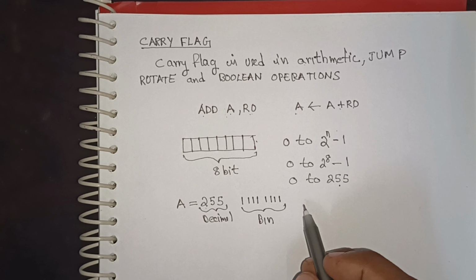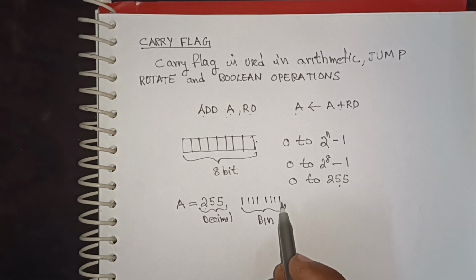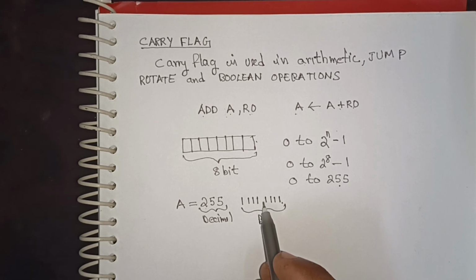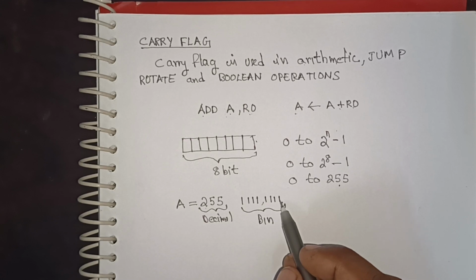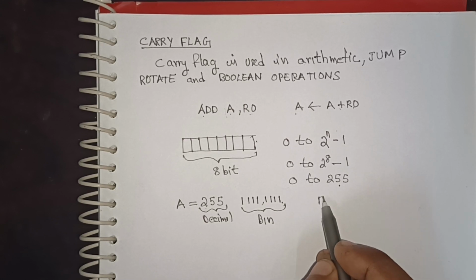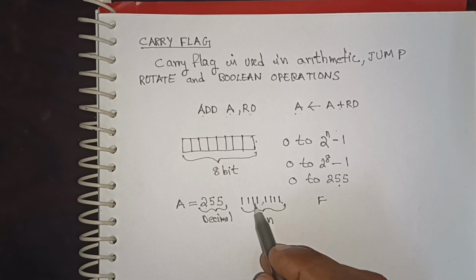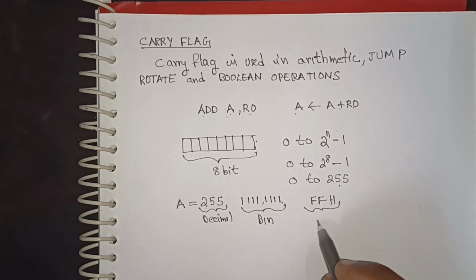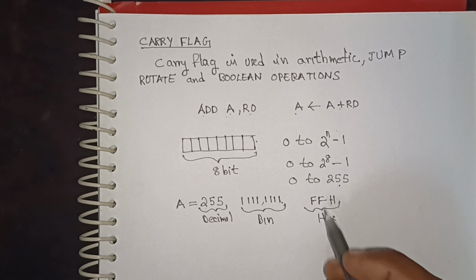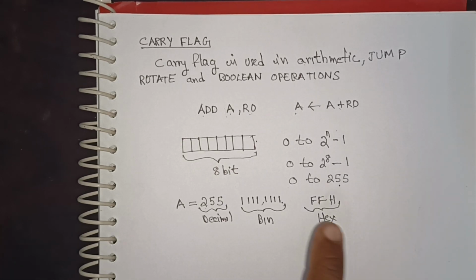For the hexadecimal representation, start from the LSB, move towards the MSB, and group 4 bits. This is the first 4 bits, this is the second 4 bits. 1111 is nothing but 15, which is F, and this 1111 is also F. So FFH is the hexadecimal representation.